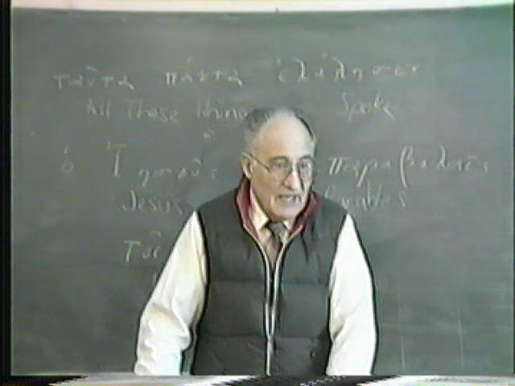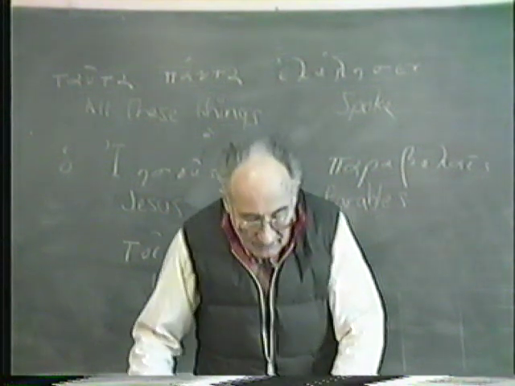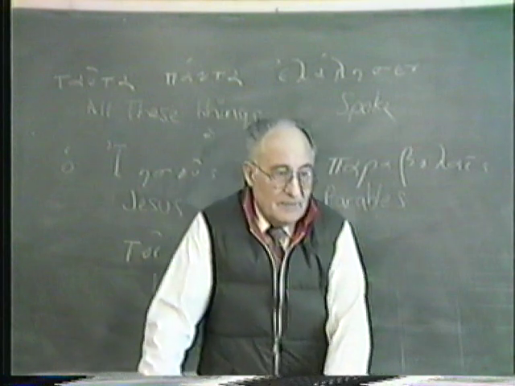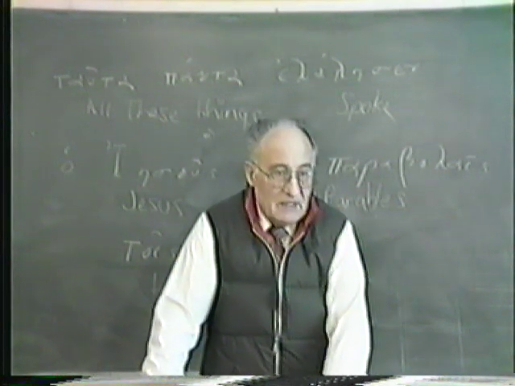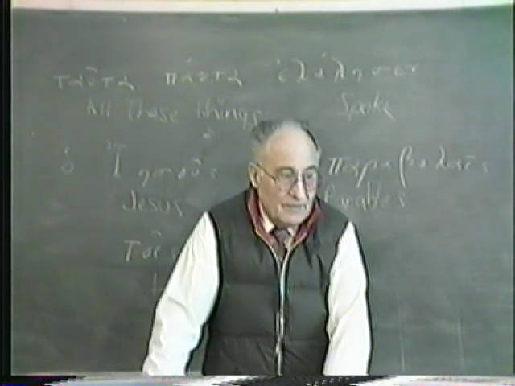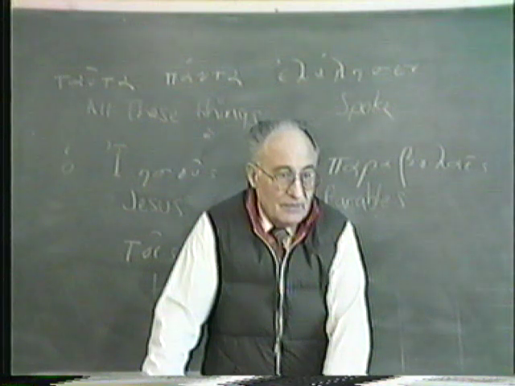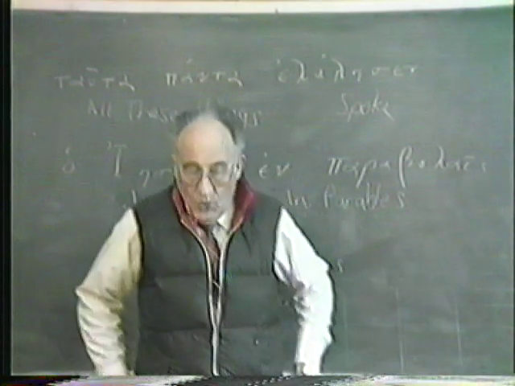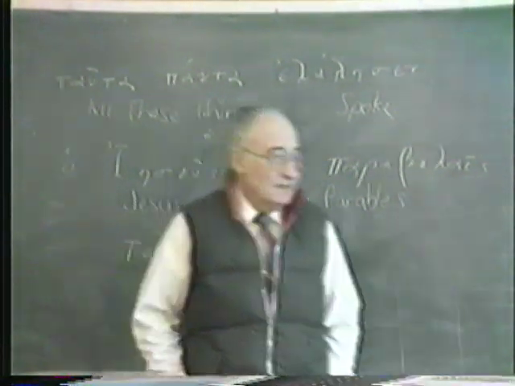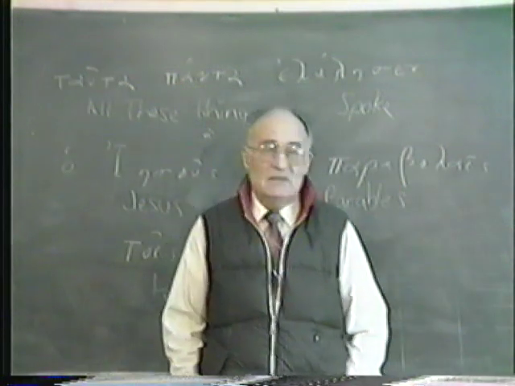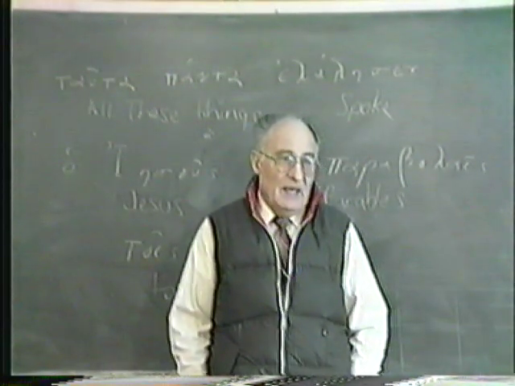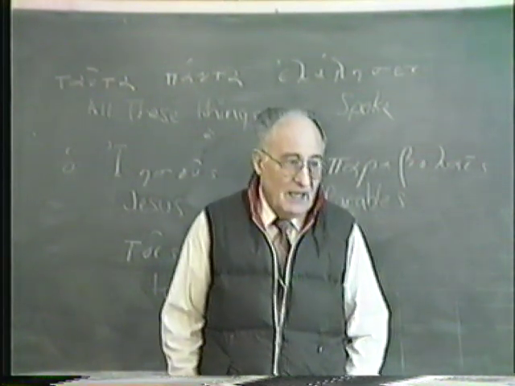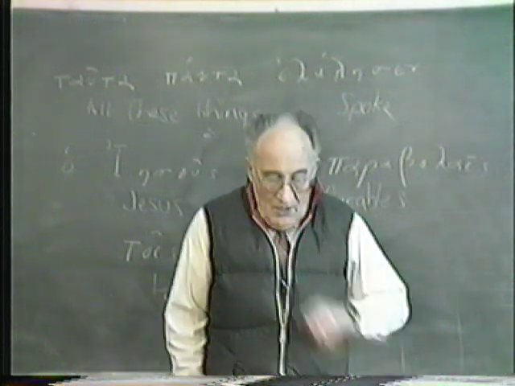The one who sent me is, now then, what's dikaios? What case is dikaios? It's a predicate nominative. It's nominative, isn't it? Now then, why is it nominative? Because it follows estin, and estin takes the predicate nominative.